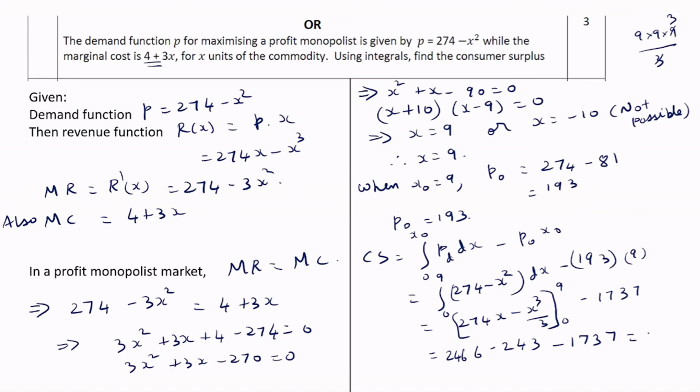Now when we simplify, it is 486. Therefore, the consumer surplus is 486 units.